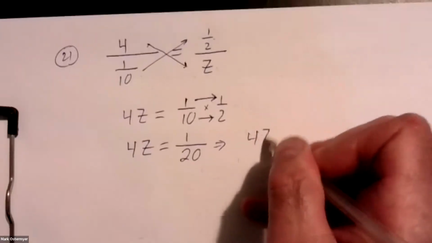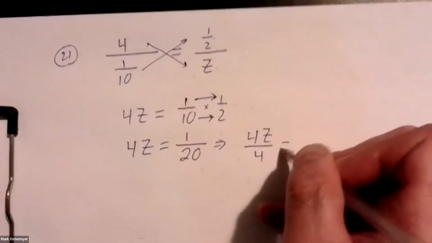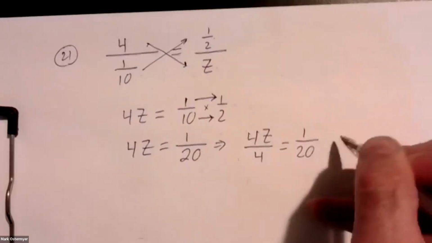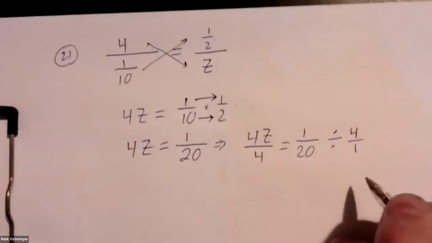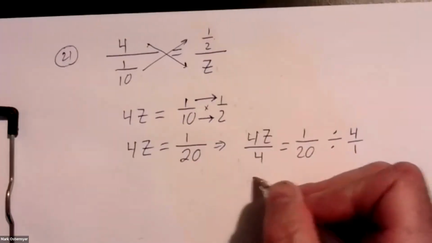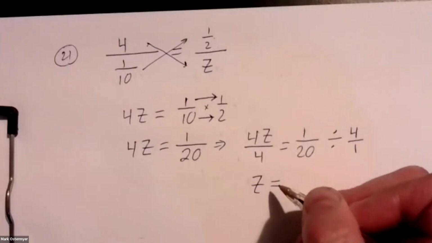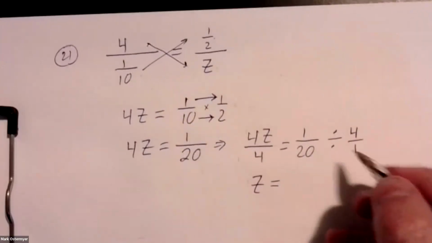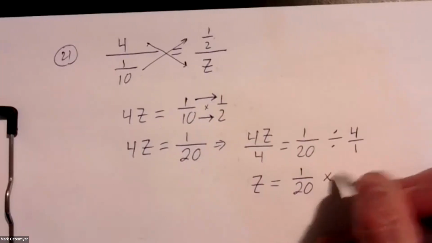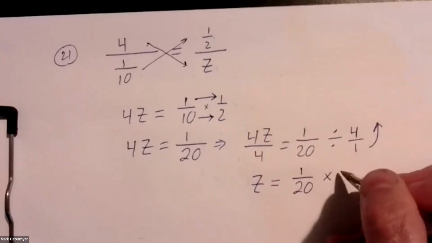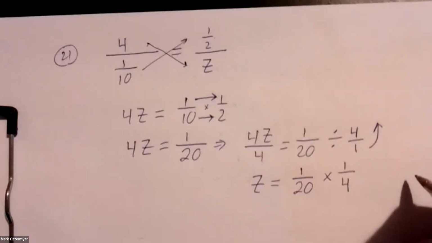Now we're going to divide both sides by what? 4. Now, when I divide the right side by 4, I'm going to write it like this. 4z divided by 4 reduces down to z on the left side of our equation. And on the right side, we have 1/20th divided by 4, which is to say 1/20th times the reciprocal of 4 over 1, which is what? 1/4.